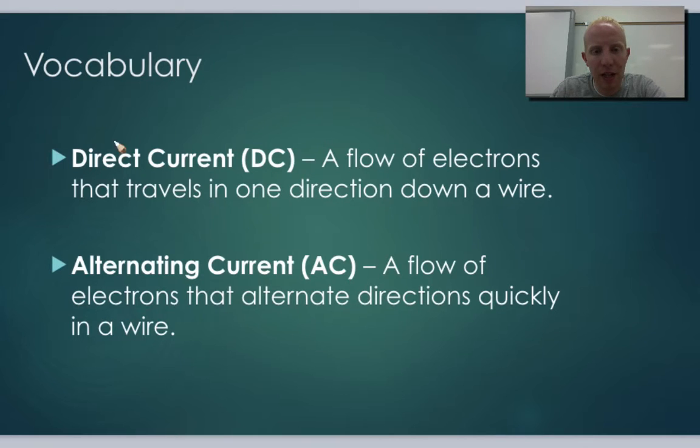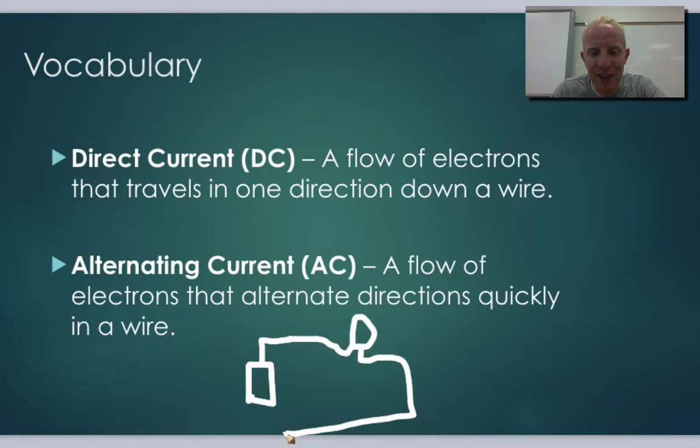Comparing that to alternating current, let's draw the same thing down here. I know my drawing's not great, but you get the point. Circuit, light bulb, power source. Now, instead of trying to push all the electrons through this circuit, we just have a couple set of electrons, and they're going to power that light bulb.